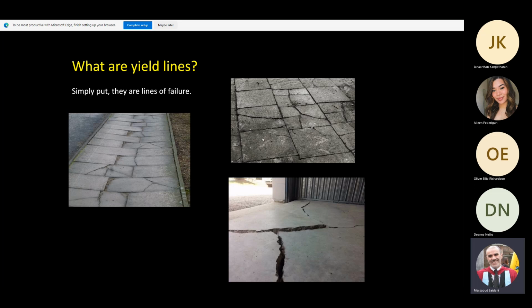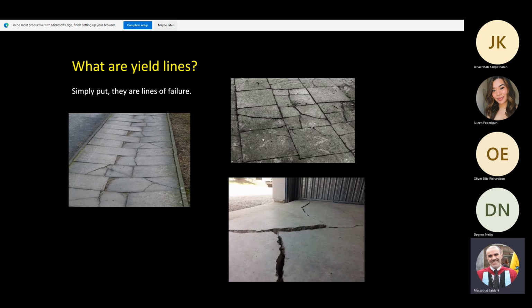So because the mix may not be exactly the same. Correct? What else? Do you think all the slabs are supported exactly the same way? Yeah, they are resting on soil, isn't it? But they're not supported exactly in the same way, because maybe in some parts you have more soil than others, and so you haven't got a uniform support which is identical for all the slabs.